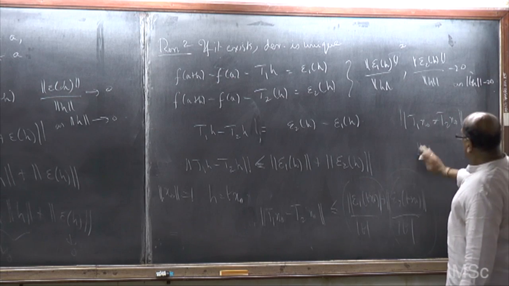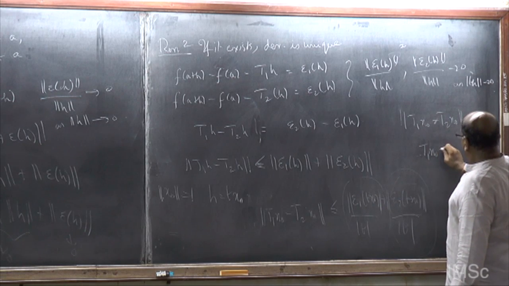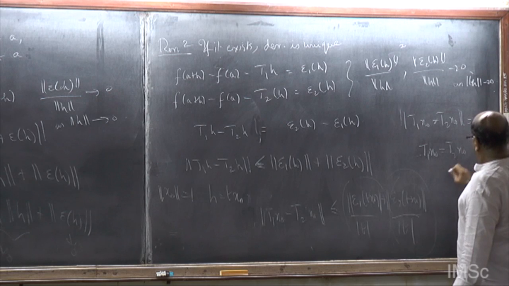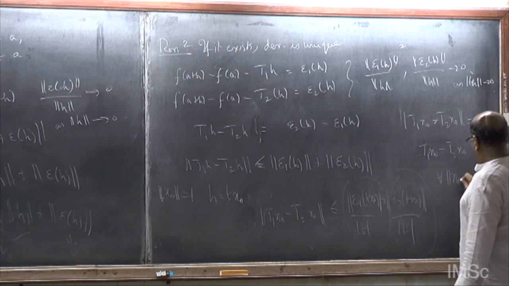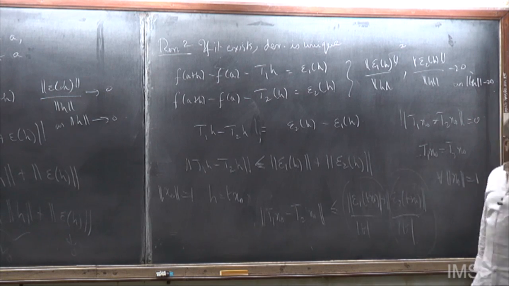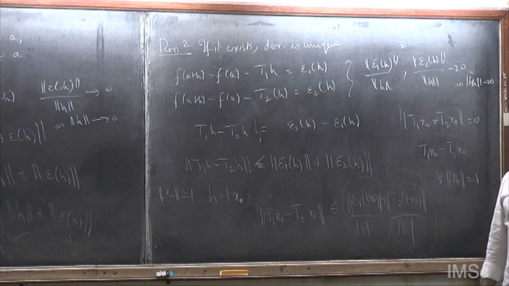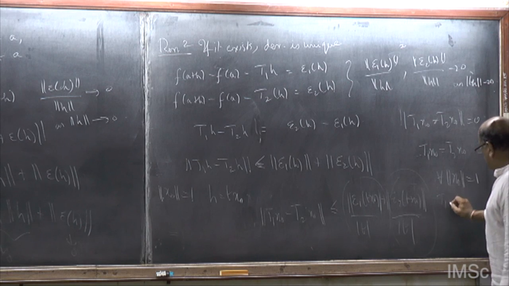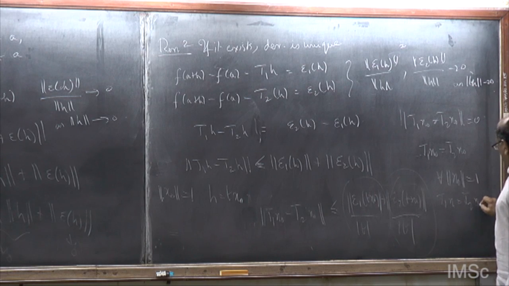That is, T1 x naught equals T2 x naught for all norm x naught equal to 1. And then obviously, it means that T1 of x equals T2 x for all x.